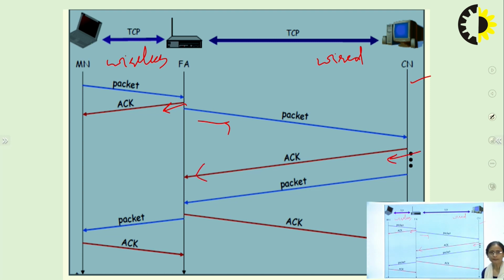And if it wants to send some data to the MN, it will send that data to the FA. The FA will send the acknowledgement to the TCP on behalf of the MN or MH and propagate this packet in the wireless environment. Once the mobile host receives the packet, it will send the acknowledgement to the FA, and this is how the whole communication would finish.